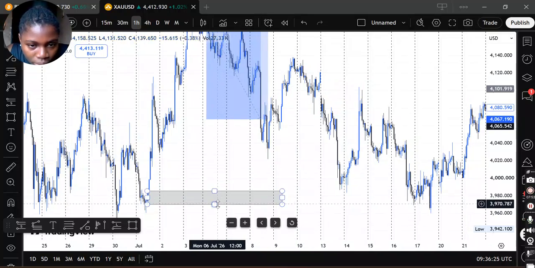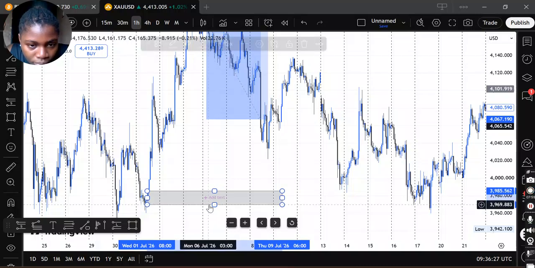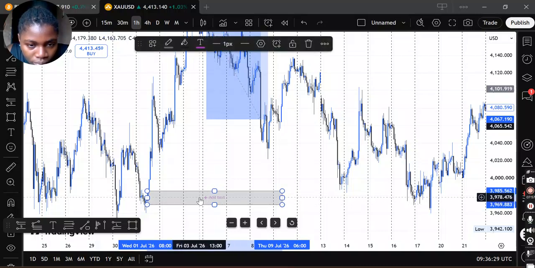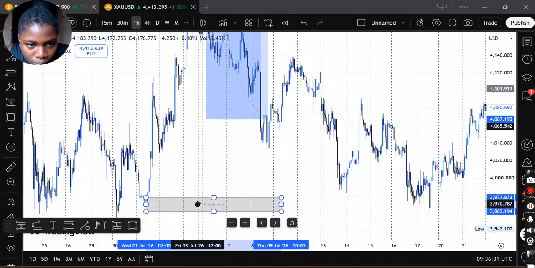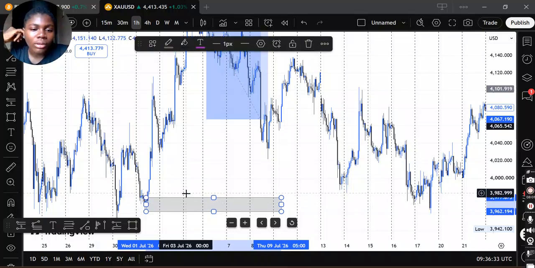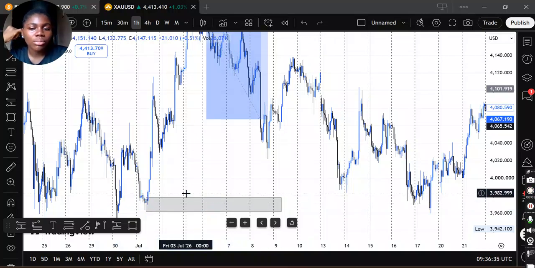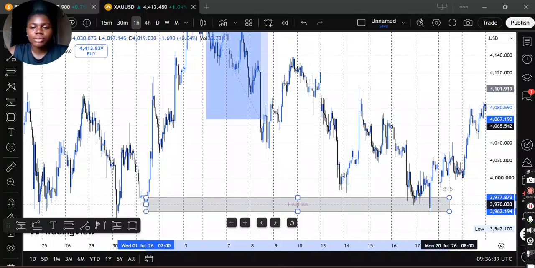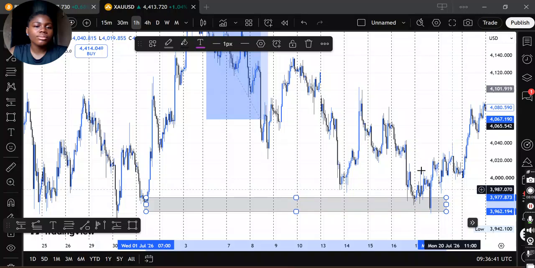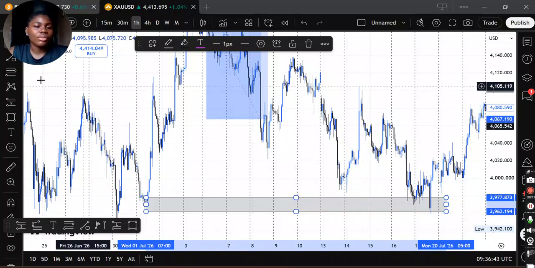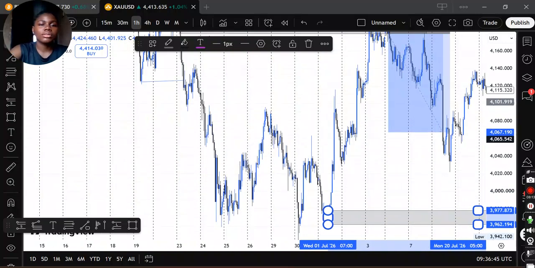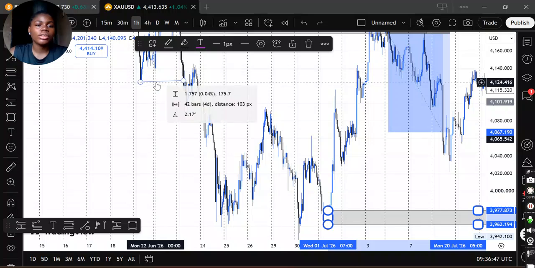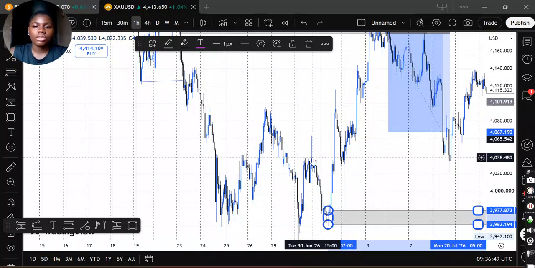So there's one here. Yeah, displacements, which are the order blocks, and then if you pull it out, you can see. And then like this one we marked out, there's a breakout structure at this point. There's also another at this point, which is what we identify as the displacement.